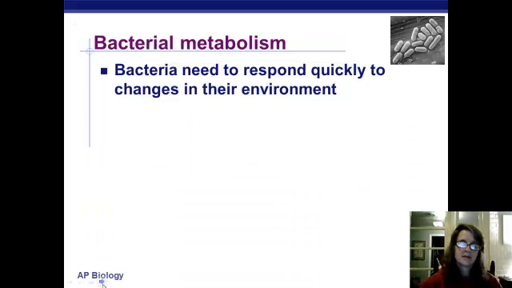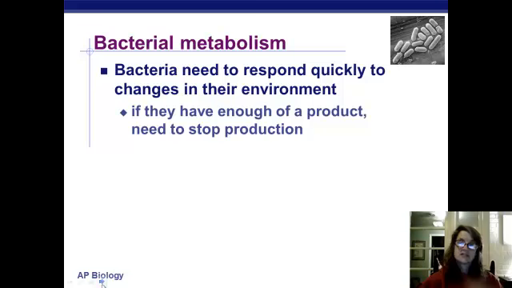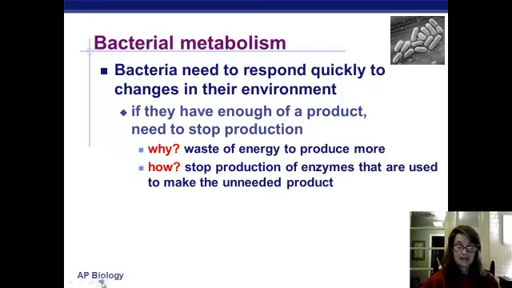But let's talk a little bit about how to control your genes and what they're producing, the proteins they're making in bacteria. Bacteria, like anything else, need to respond quickly to their environment. If they've got enough of something that they've been making, they need to be able to stop making it because it would be wasteful to continue making it.